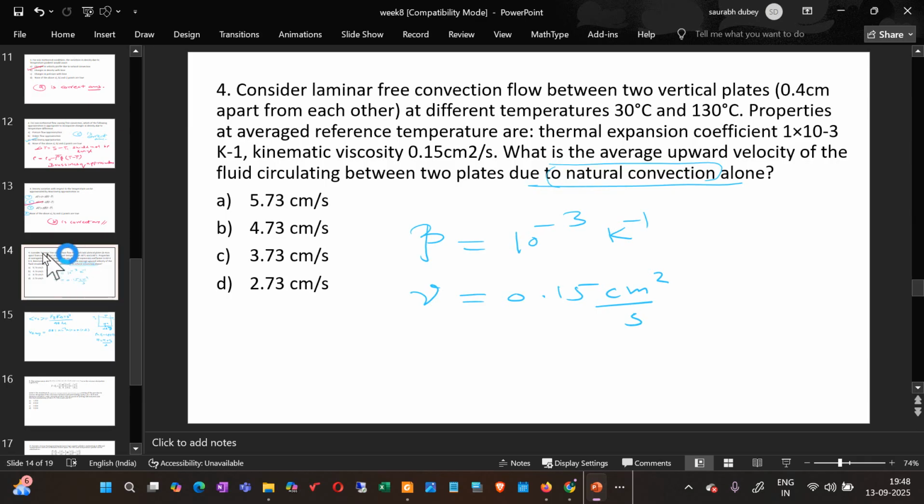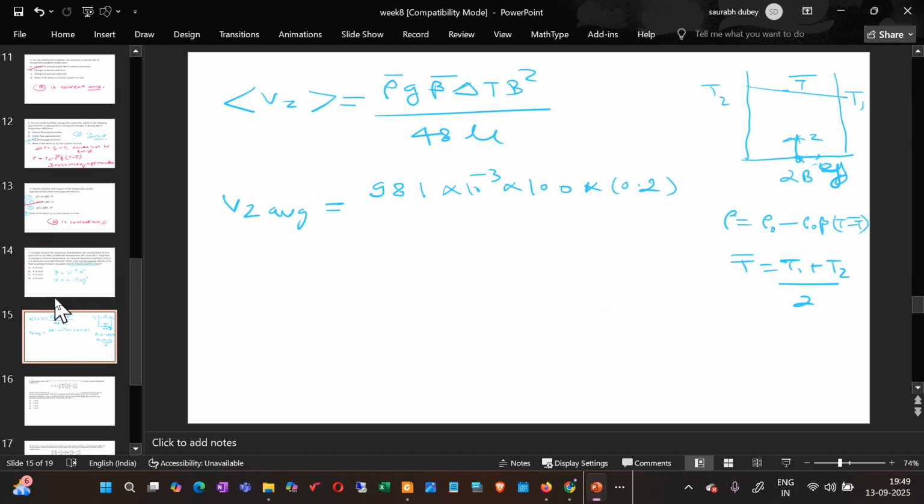Because this distance was 0.4 centimeter, right? Mu is what? 0.15. So that was kinematic viscosity.